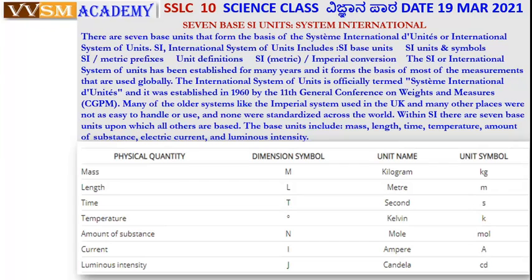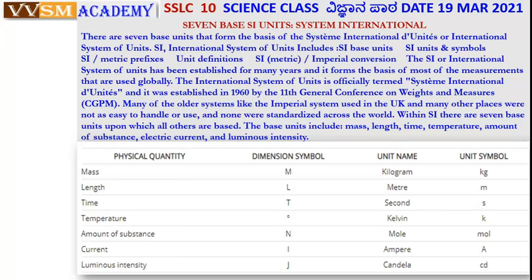The physical quantity, dimension symbol, unit name and the unit symbol. Let us discuss the following. Mass, dimension symbol is M, unit name is kilogram and the unit symbol is kg. Length, L, meter, symbol is m.